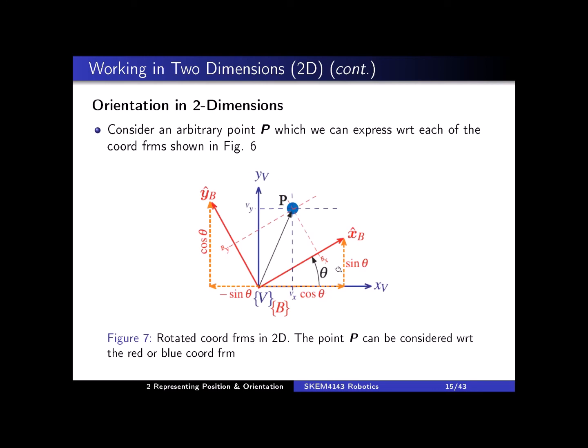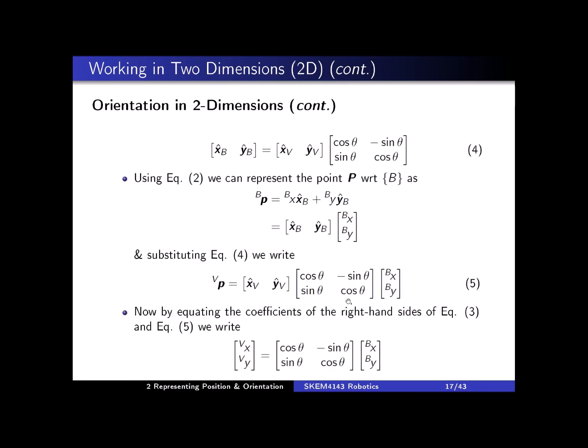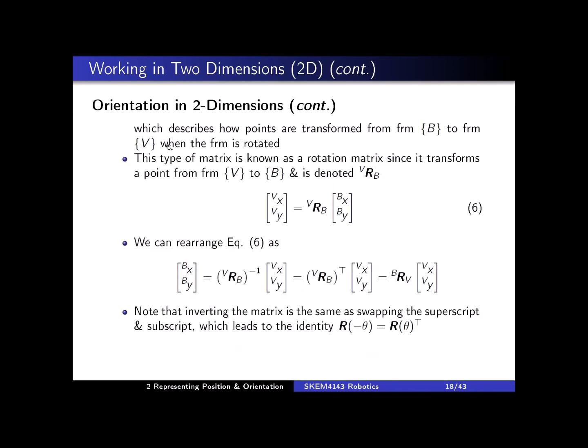We have transformed this point, which is the description of point P with respect to B, to PV. So PB to PV. This describes how points are transformed from frame B to frame V when the frame is rotated.